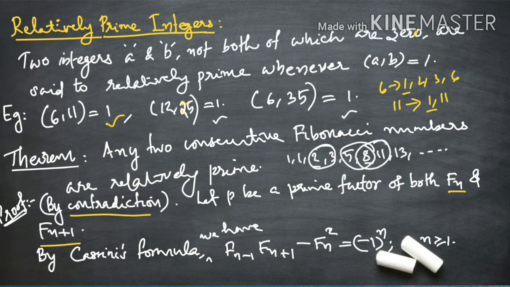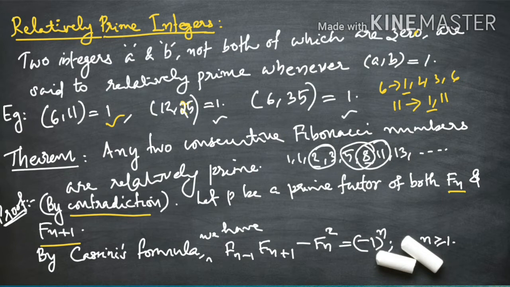Not relatively prime means their GCD is not equal to 1. That means they have a common divisor other than 1, isn't it?